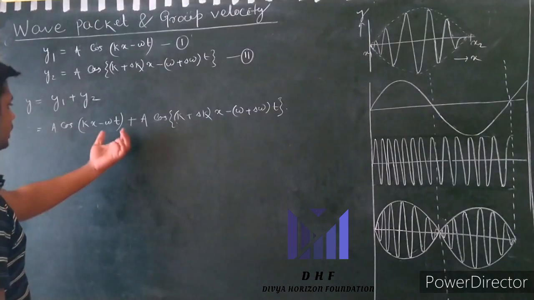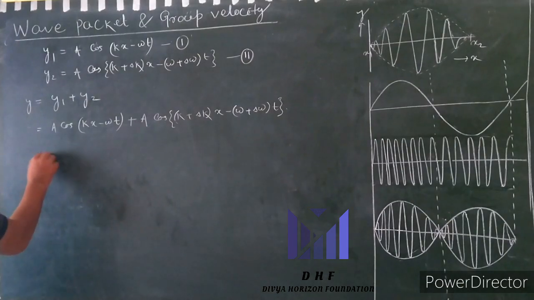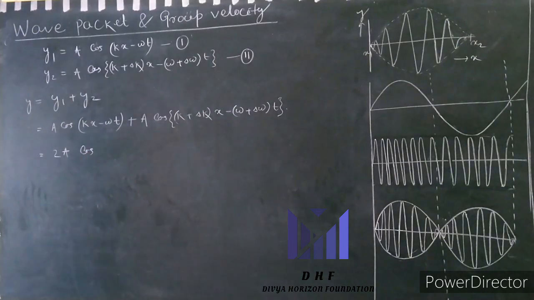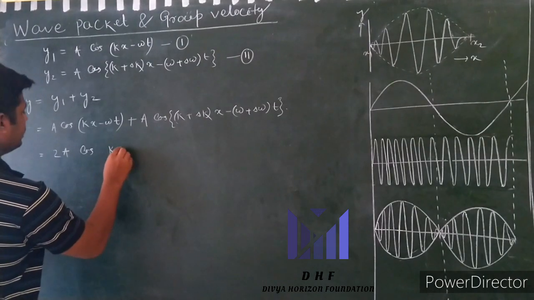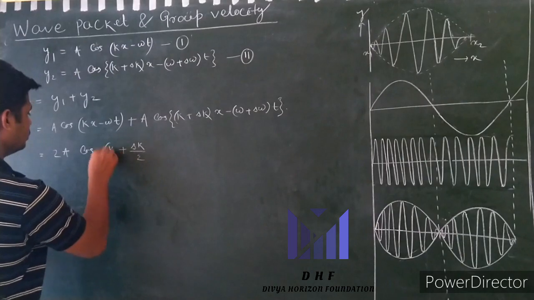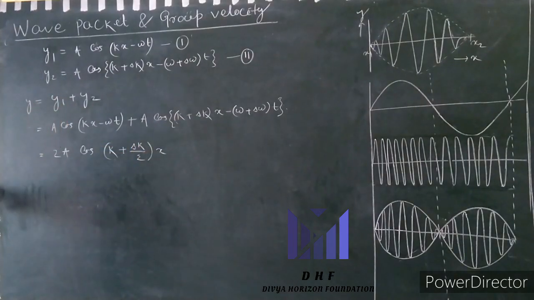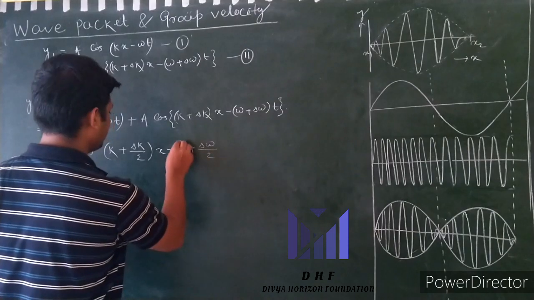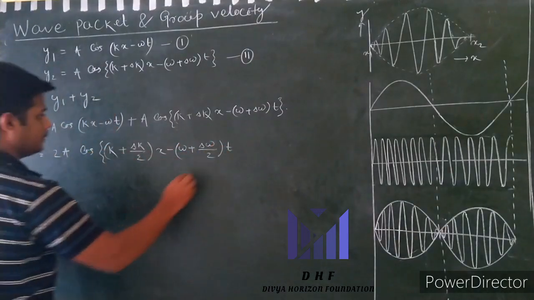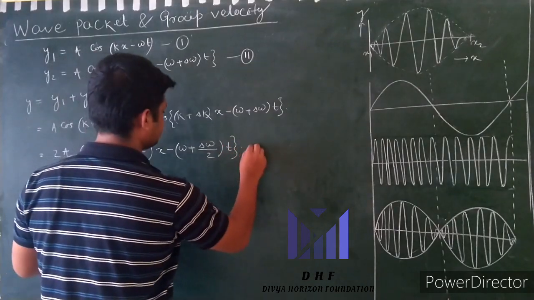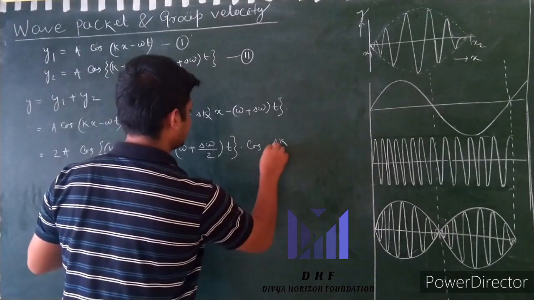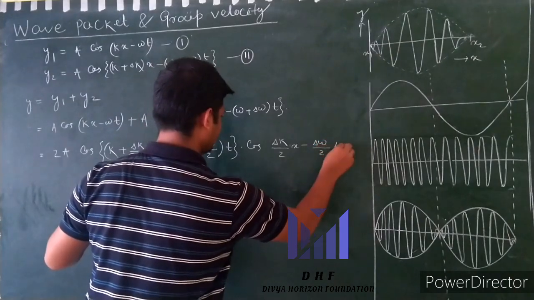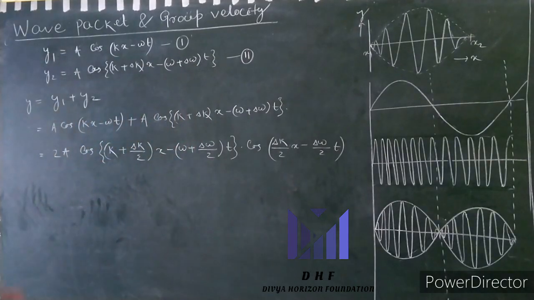So we can apply the formula cos A plus cos B, and we will get 2a cos(((2k plus del k)/2) into x minus ((2 omega plus del omega)/2) into t) into cos((del k/2) x minus (del omega/2) t). Okay, this is the equation.